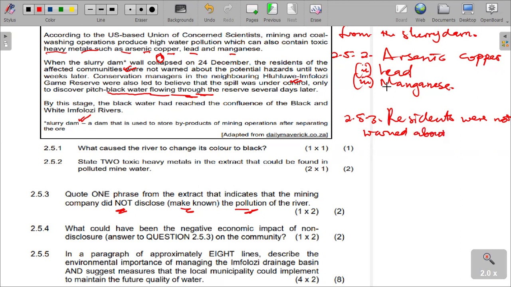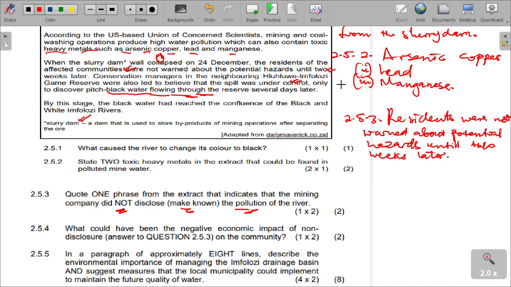They were not warned about potential hazards until 2 weeks later. It is shown in the paragraph that they were not known until 2 weeks later, which is given here.